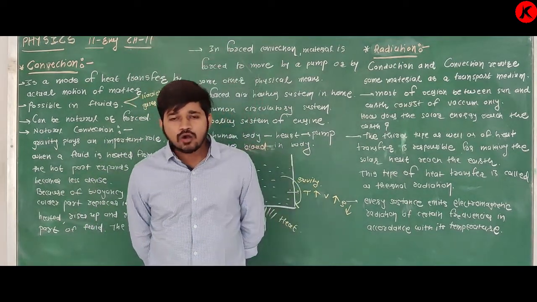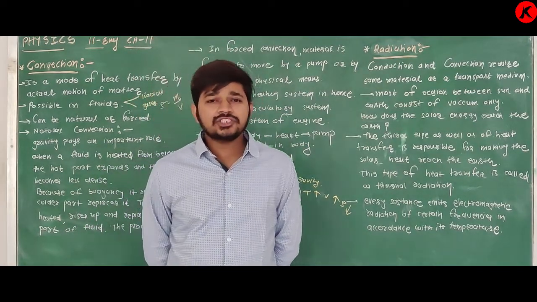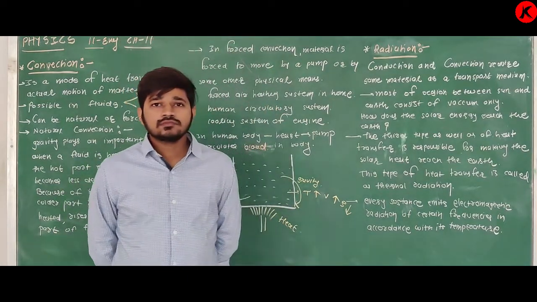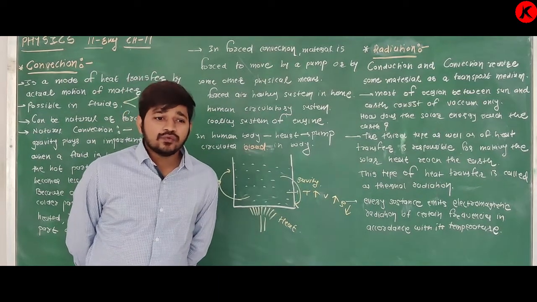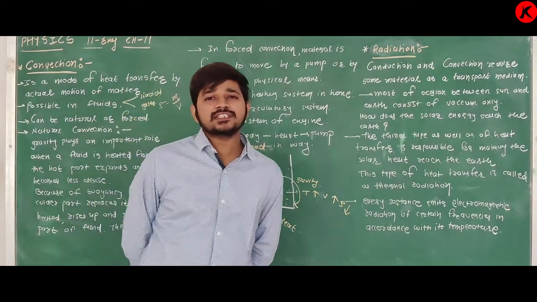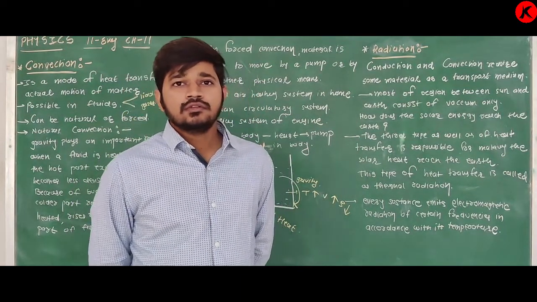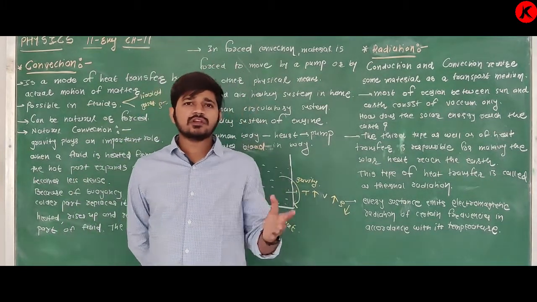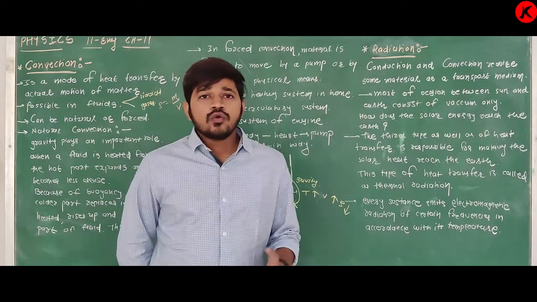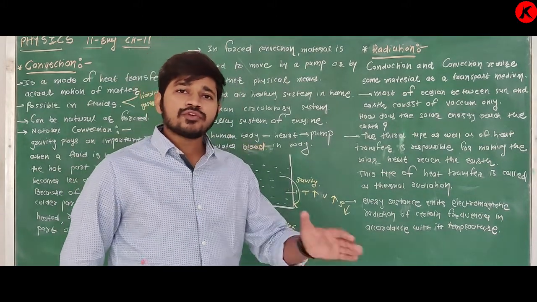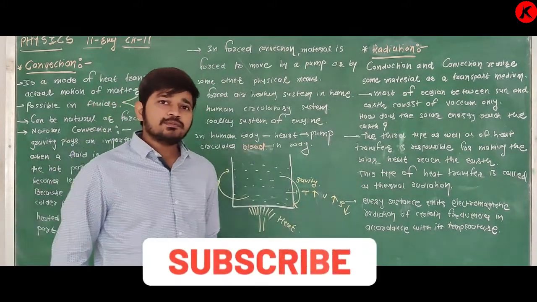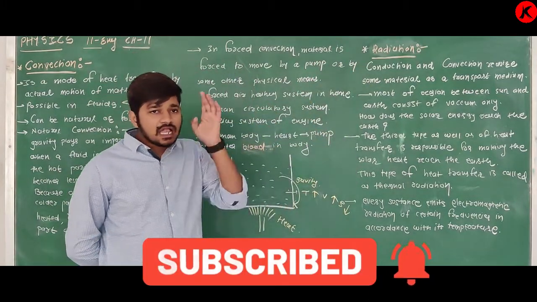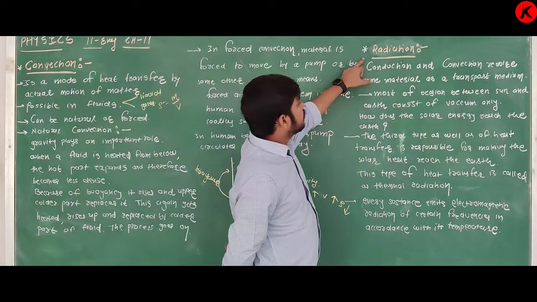Then how does energy radiated from Sun reach Earth? In this case, which mode of heat transfer is possible? No conduction, no convection, because there are no particles. It is vacuum between Sun and Earth. So, due to which mode of heat transfer does that energy propagate from Sun towards Earth? That third one is radiation.